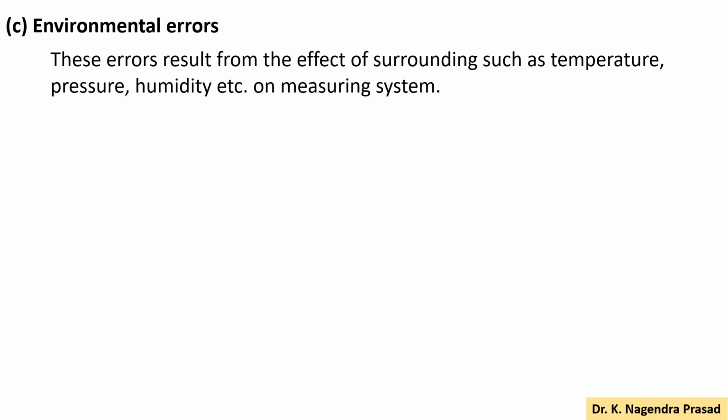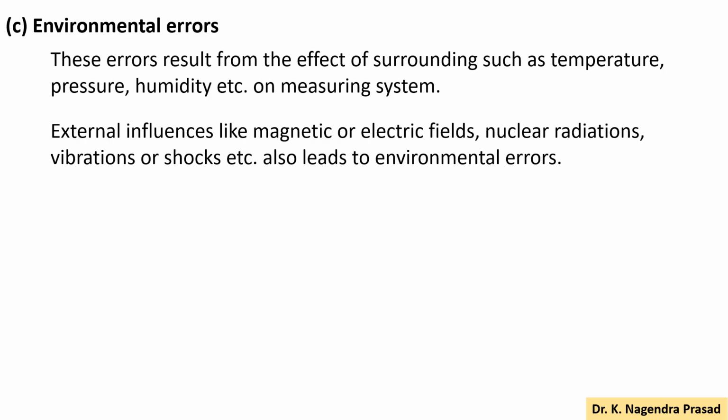Next we will discuss another type of static error, that is the environmental errors. These environmental errors result from the effect of surroundings such as temperature, pressure, humidity, etc. on the measuring system. Moreover, external influences like magnetic or electric fields, nuclear radiations, and vibrations or shocks also lead to environmental errors.